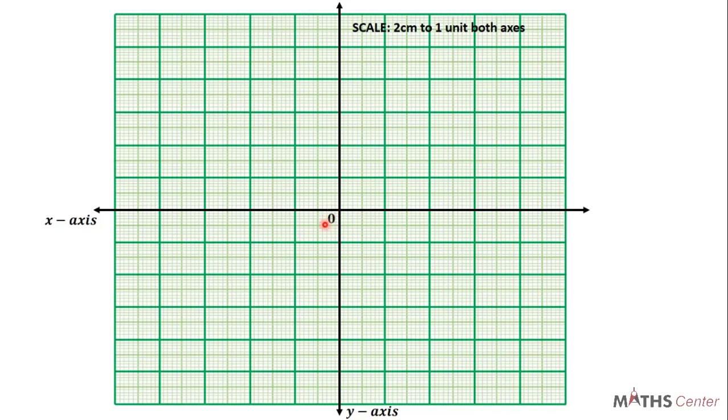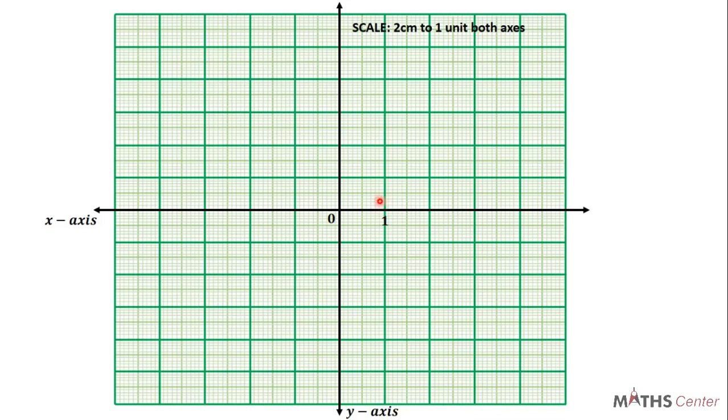So we will start from the origin. From the origin, the next 2 centimeters will be on this major grid line. So to get the number on this major grid line, we will have to increase the previous number by 1. The previous number here is 0. So if we increase 0 by 1, we have 0 plus 1, which is 1.